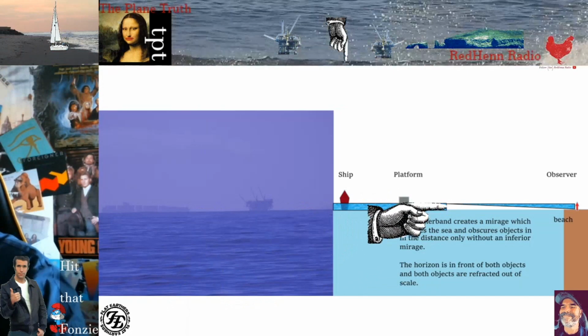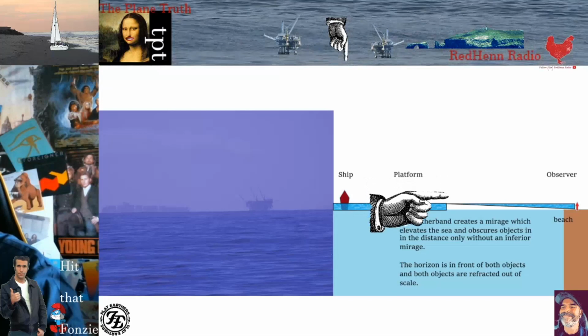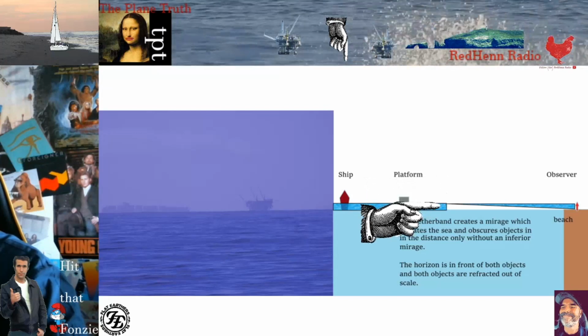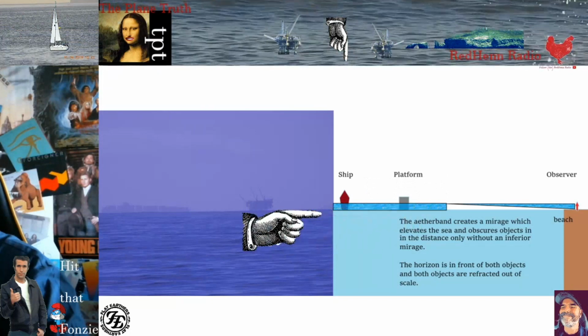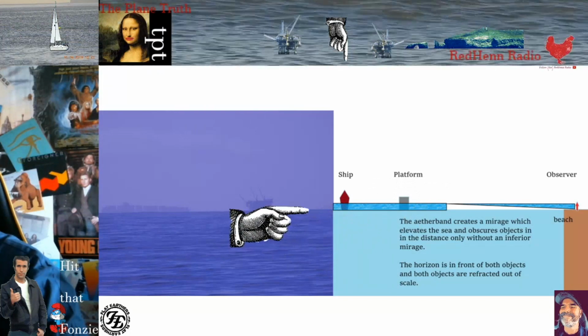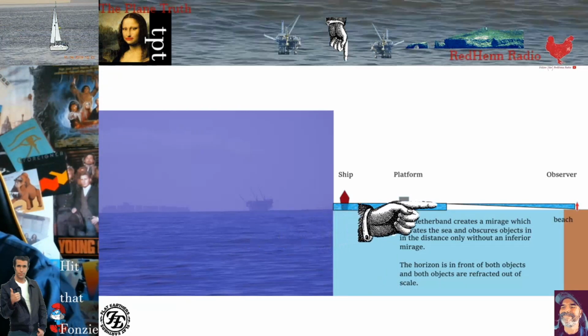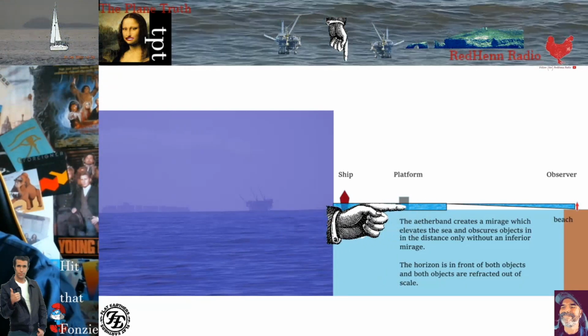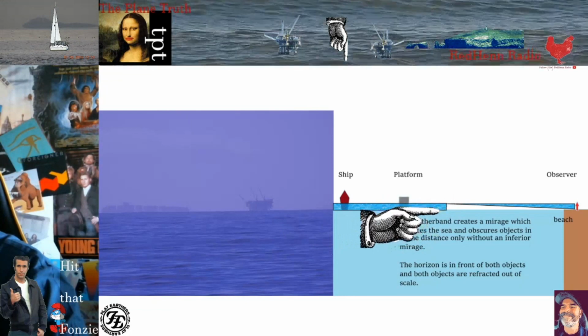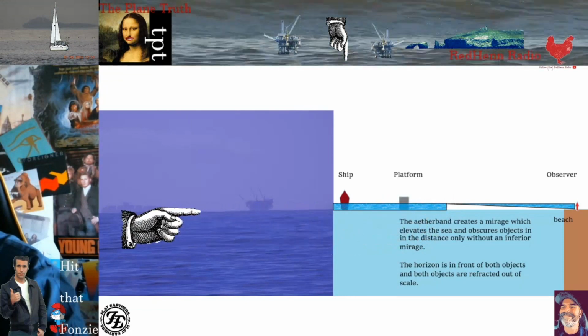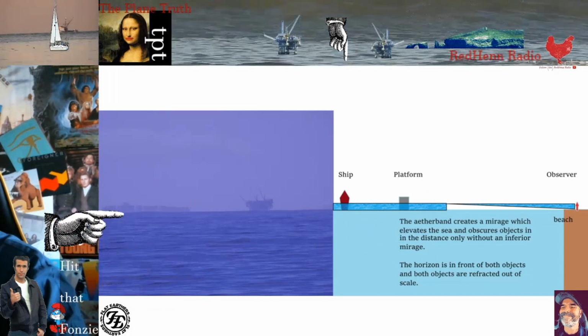But I don't know what that distance is, so let's put in 5 miles. That means that there's another 3 to 4 miles between this apparent horizon. There's 3 more miles behind it that we can't see. It's not curvature, it's an apparent presentation of this observation.